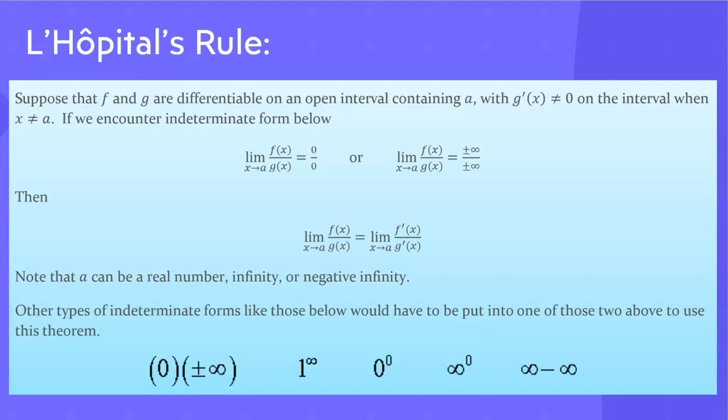Now when we are taking the limit of the fraction f of x divided by g of x, if they are of the form 0 over 0, or negative or positive infinity over negative or positive infinity, any variation of that, then the limit as x goes to a of f over g is the same as the limit of f prime of x divided by g prime of x.